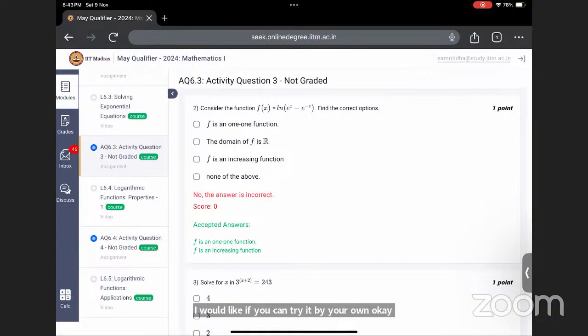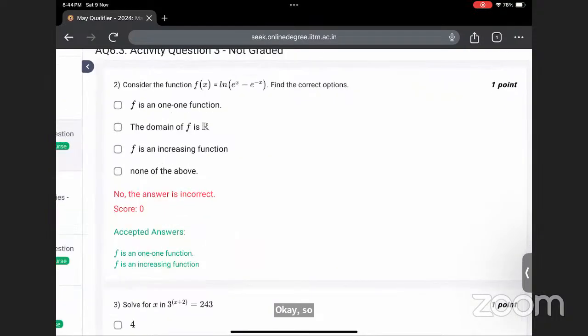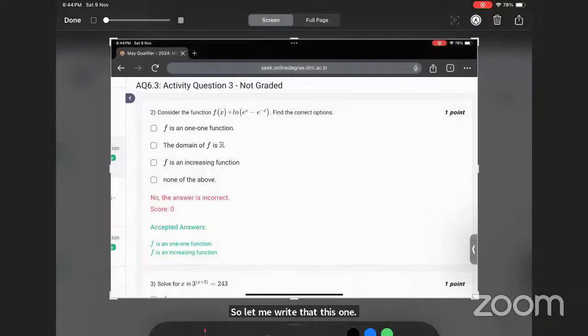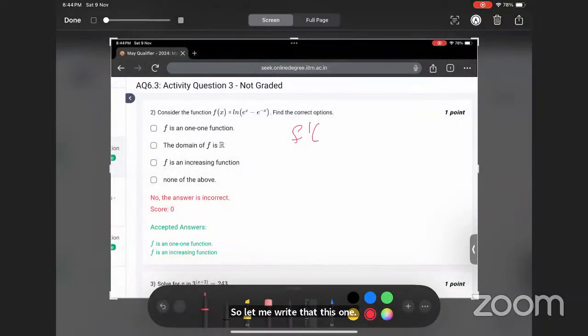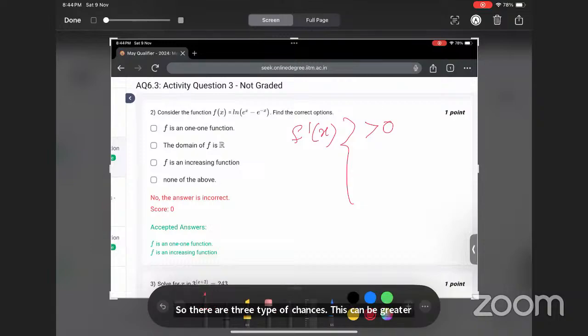Ma'am, could you tell once again for the increasing function how you did this? Let me write the result. This is the function f. If we calculate the derivative of f, there are three types of chances. The derivative in the domain can be greater than 0.